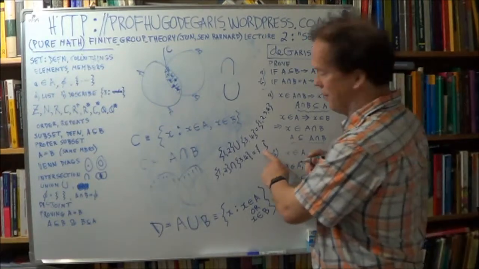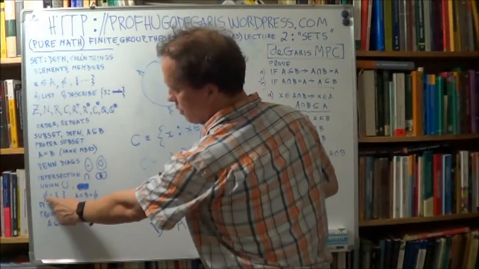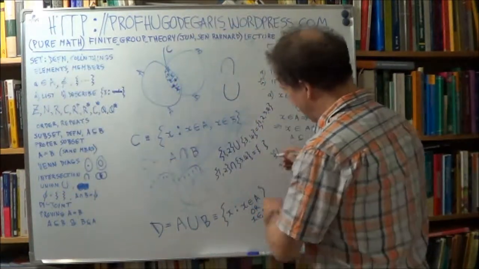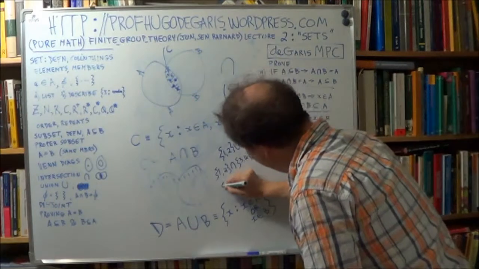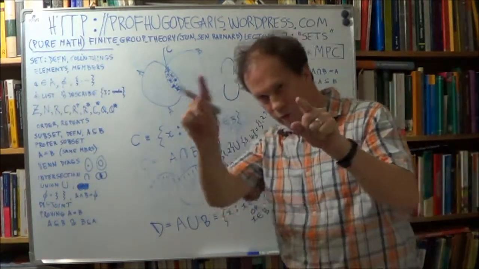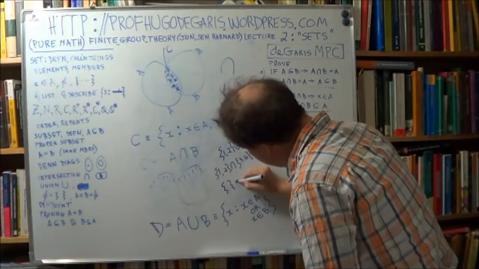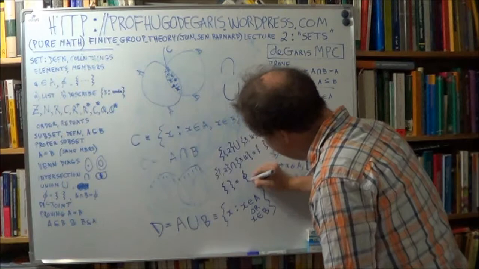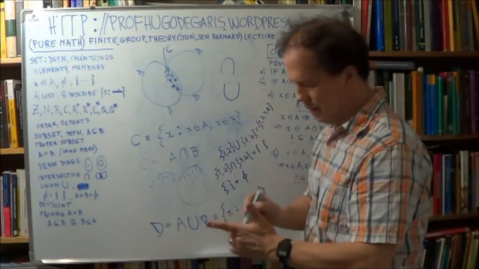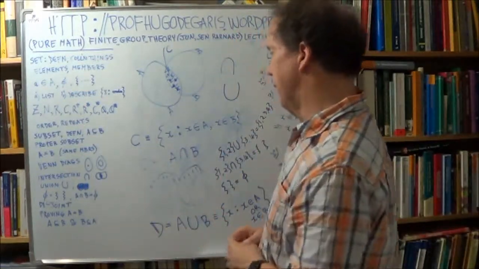Now, the empty set has its own symbol, and it's this one. So it looks sort of like a 0. It's a 0 with a stroke in it. So the empty set, like just left wiggly bracket, right wiggly bracket with nothing between them, is usually just written like this. Okay? So if you see that, you just think the empty set. And an empty set is a set with nothing in it, no members.